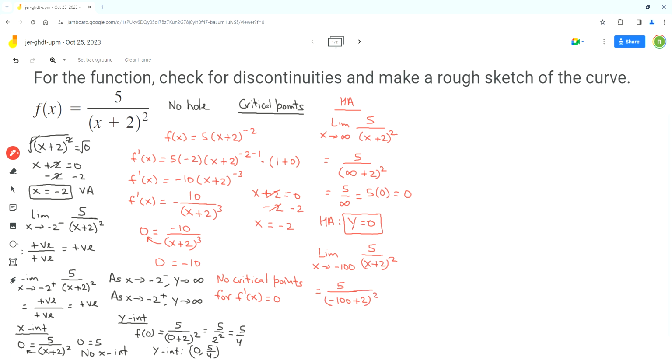So because of the square on the expression in the denominator, we'll end up with a positive value. So that will be the square of negative 98. And this will give us a result which is greater than 0, because the square of negative 98 is a positive value and 5 over that positive result will be a positive value, and that's greater than 0.